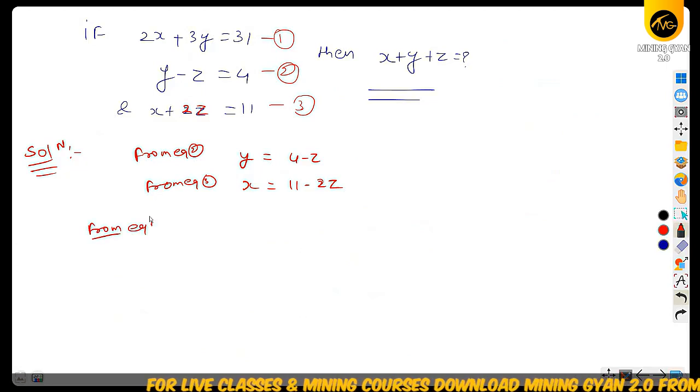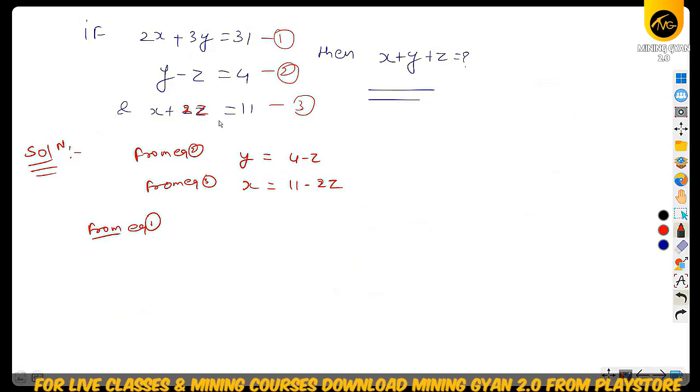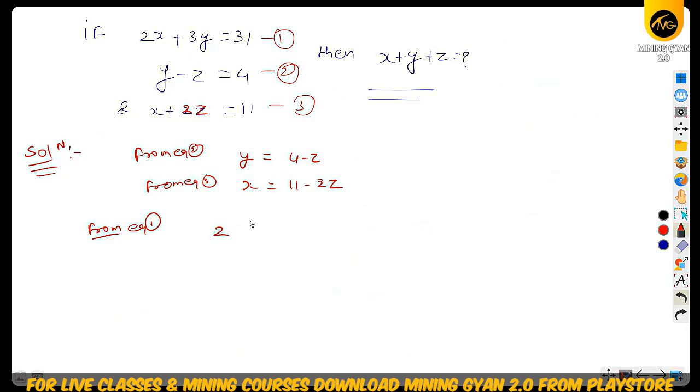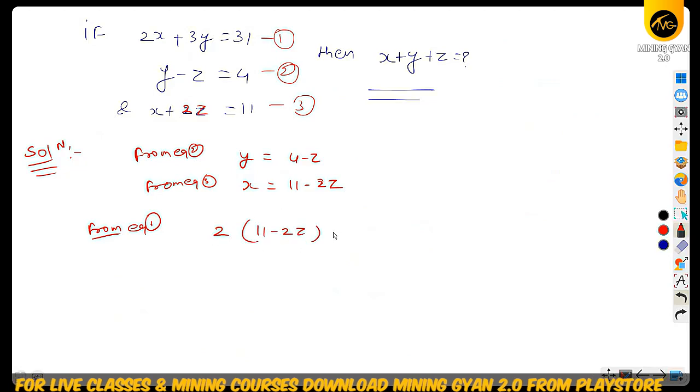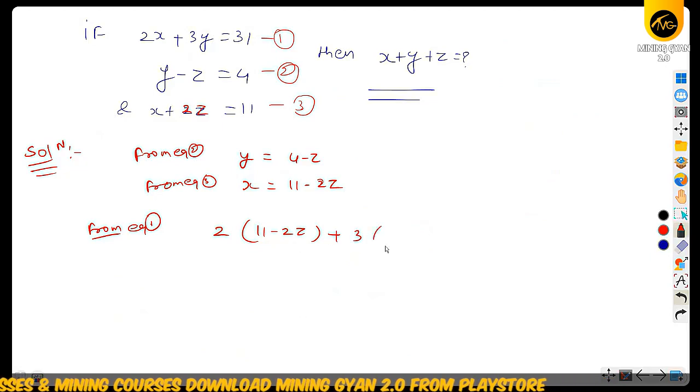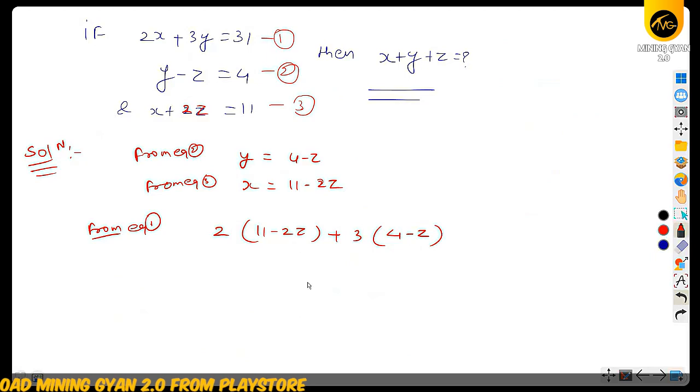Now from equation 1, just put the values of x and y into equation number 1. 2 into x is 11 minus 2z, and plus 3, and what is the value of y? y is the 4 minus z. Now equals to 31.